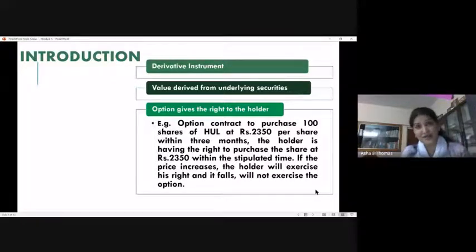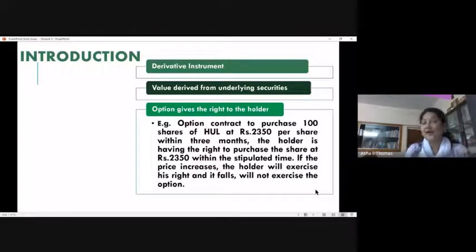When they were entering into the contract, the spot price of HUL is 2,350 per share, and they've agreed for a 3-month period. The holder has the right to purchase the share at 2,350 within the stipulated time.